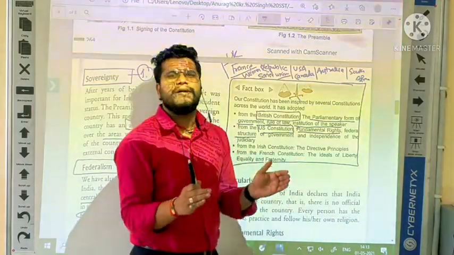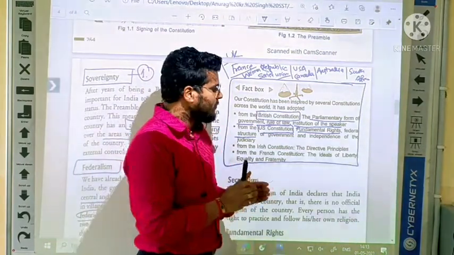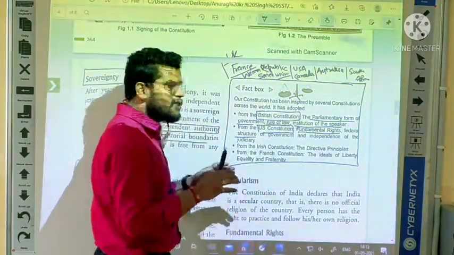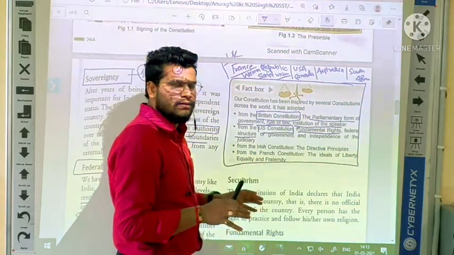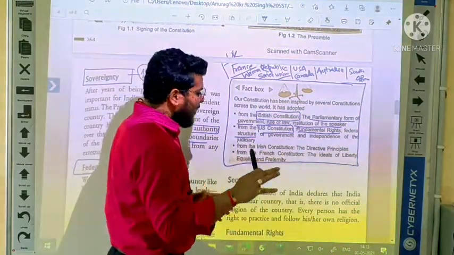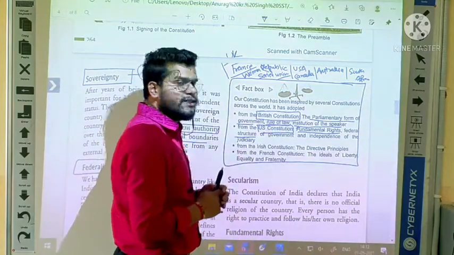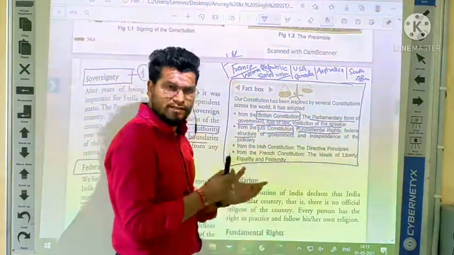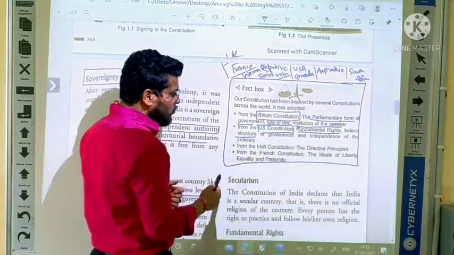And the federal structure: government is based on central and state.